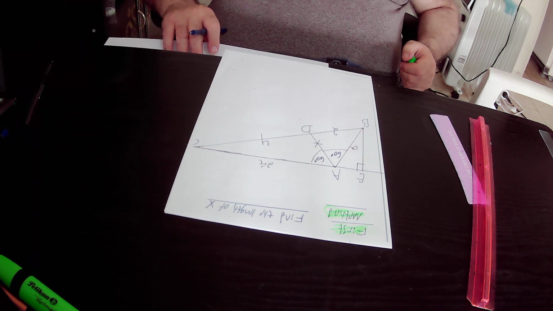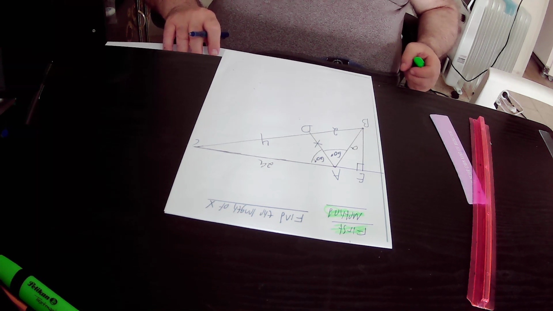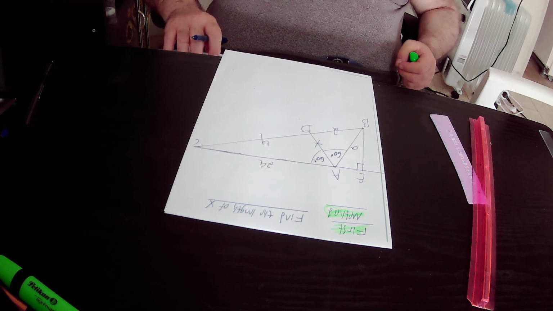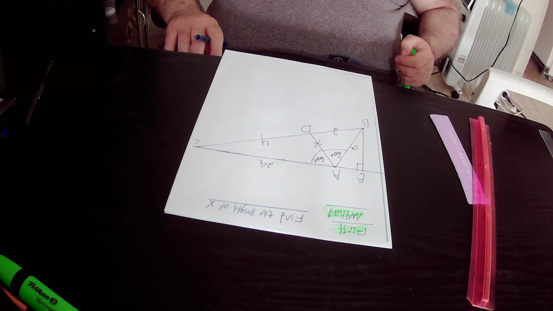And we have the rule that the sum of the angles on one side of a straight line is equal to 180 degrees. I repeat again, the sum of the angles on one side of a straight line is equal to 180 degrees.